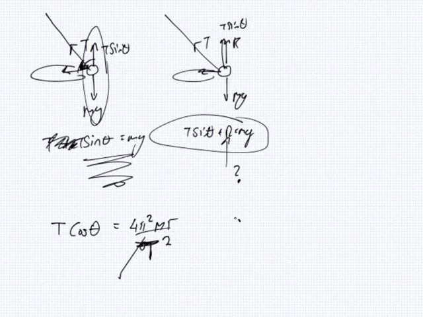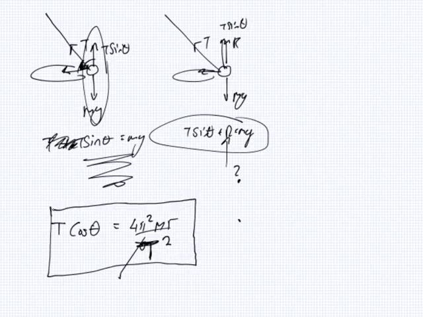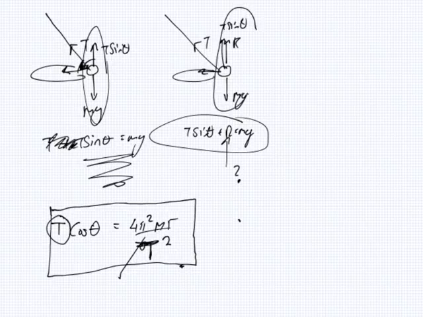Guys, here's the issue with question 5 and 6. Monica looked at the horizontal direction, and by looking at the horizontal direction she made this formula, but this formula gives you the same answer for tension. But the way I did it in the video is I looked at the vertical.